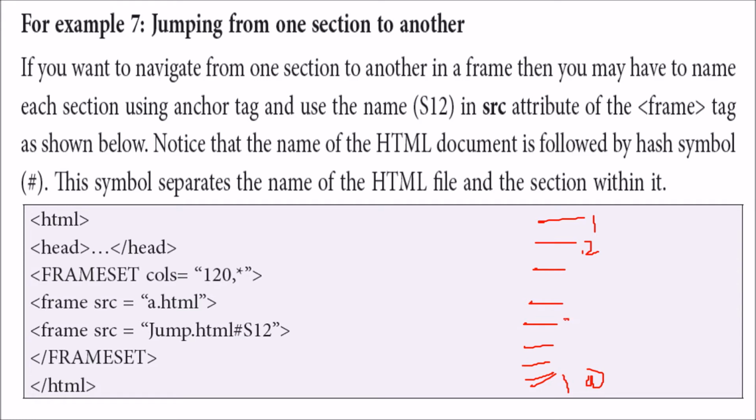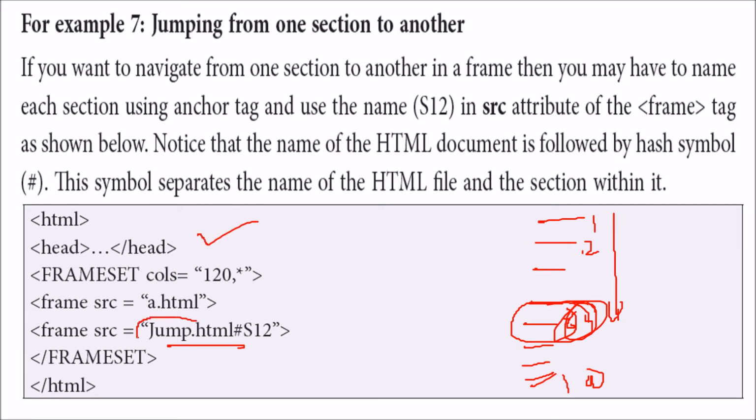I want to jump to, say, the 64th. The easiest way is to scroll it down to 64, or the next way is I can give this, so I will jump to a particular section in the frame. For that, I have to use this code.